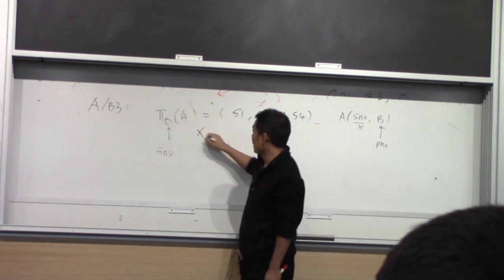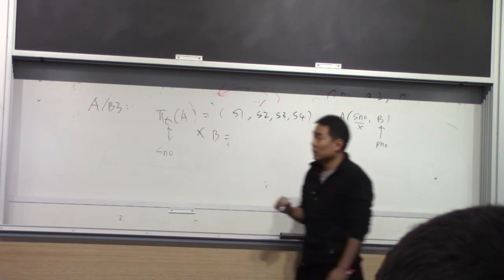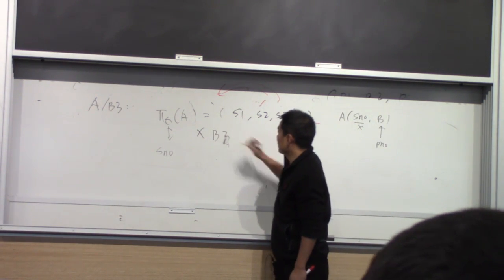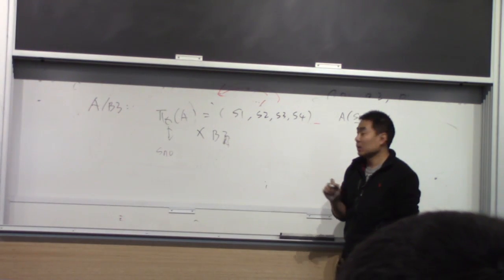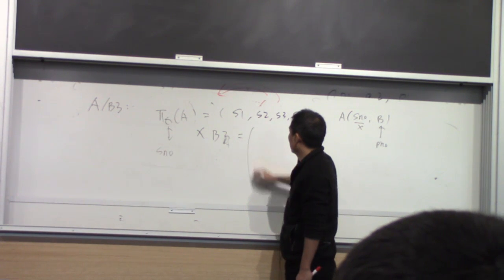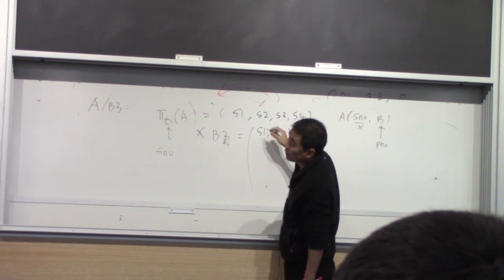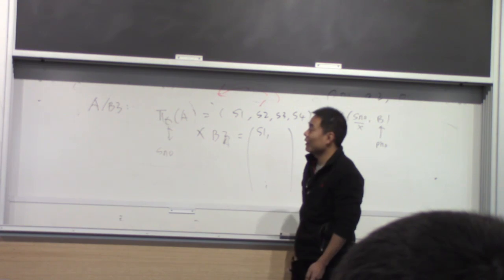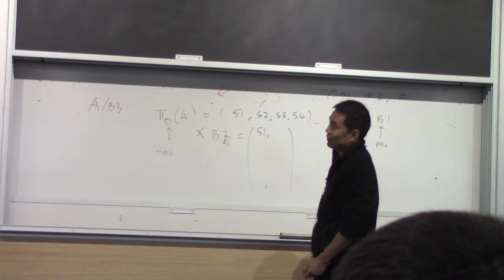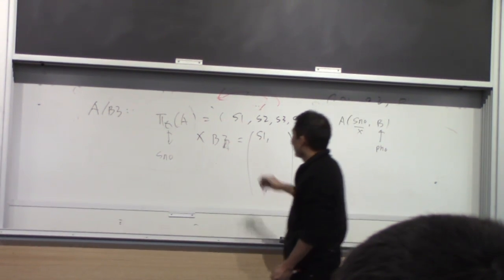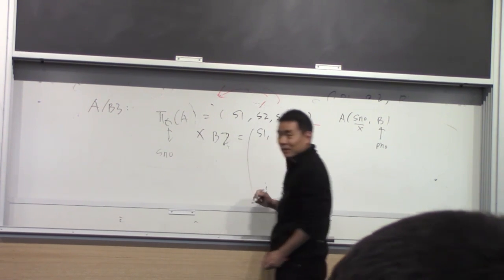Now this cross with B, what do you get? B3 in our example, what do you get? It's too much. I will write B2.